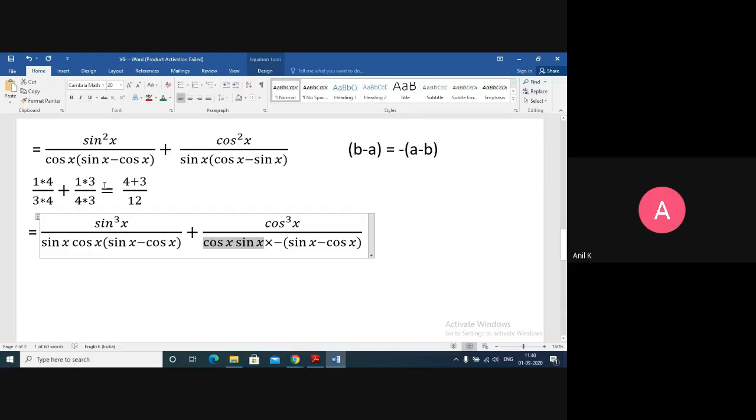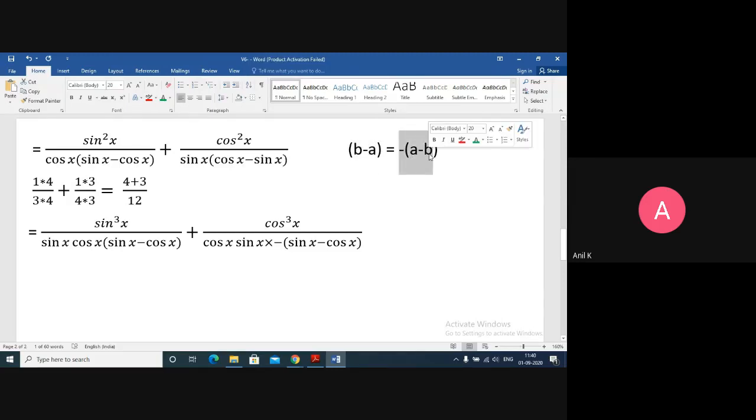The problem here is, in the first fraction I have sin minus cos, but in the second fraction's denominator I have cos minus sin. The terms are the same, but only the signs are different. So in that case, I use the formula b minus a, which I can write as minus of a minus b.